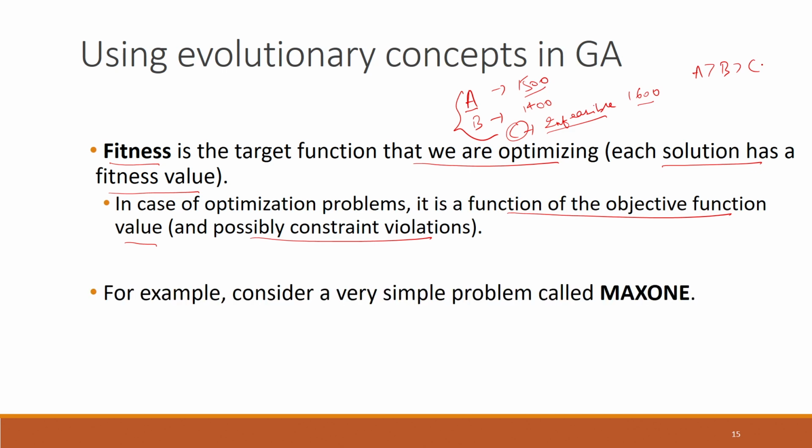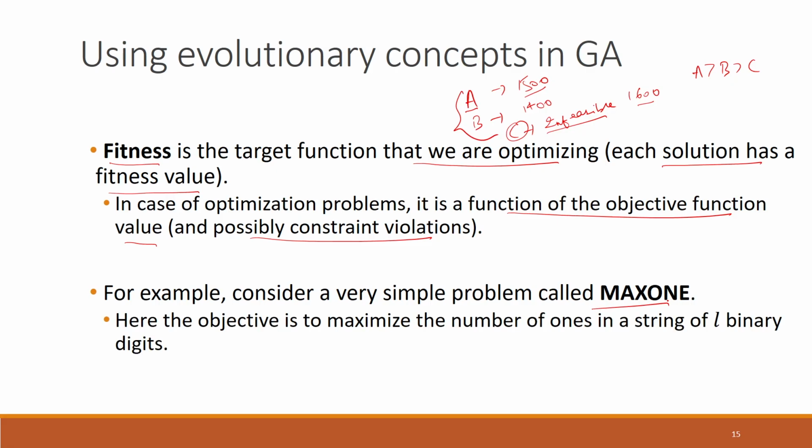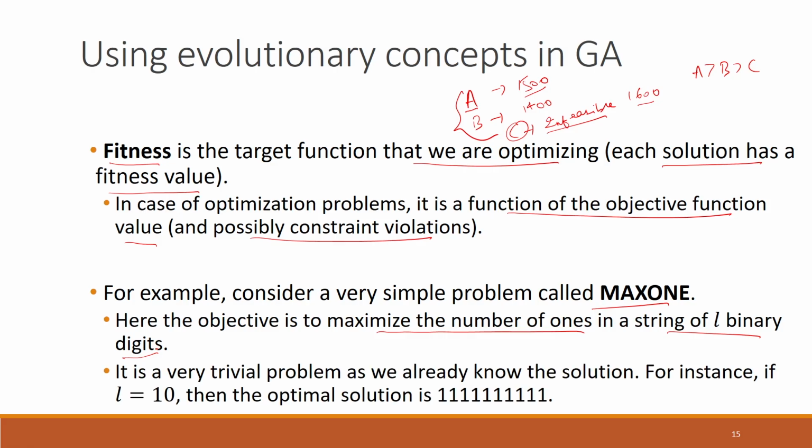So in order to understand this genetic algorithm, we will be considering a very simple problem which is called max1. Here the objective is to maximize the number of ones in a string of L binary digits. It is a very trivial problem, as we already know the solution. For instance, if L is equal to 10, then the optimal solution is this.